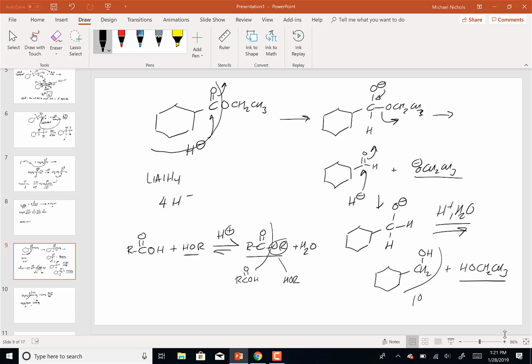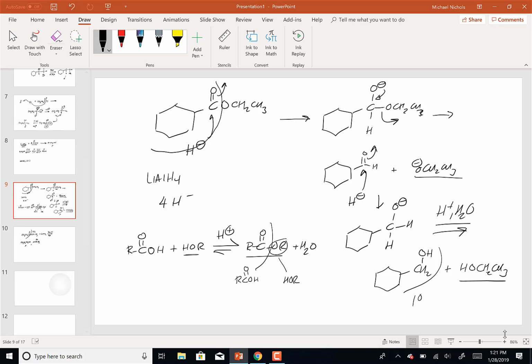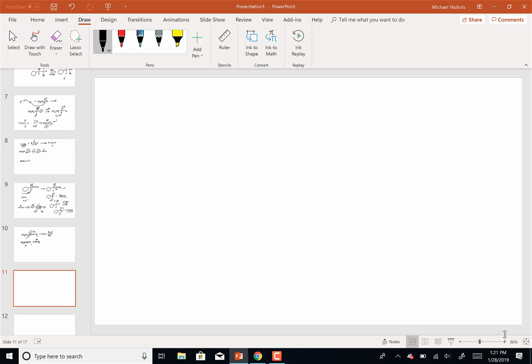What about the reactions of oxides with Grignards? So I have my generic Grignard, and I'm going to react it with this epoxide. And so I've got my two carbons A and B on that epoxide.